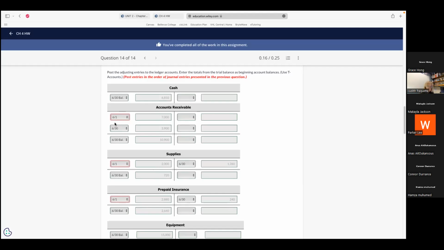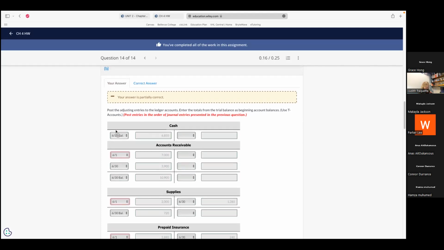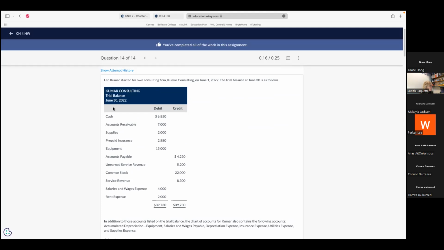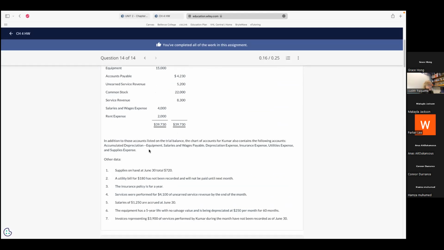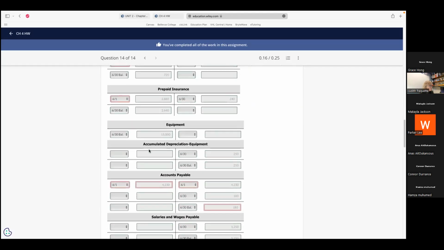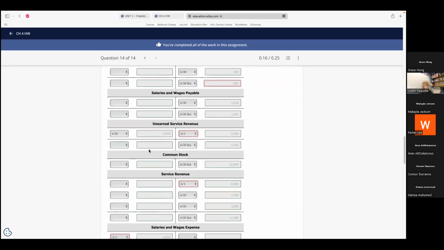Yeah, so I just got the date wrong, which I was confused because I thought that was for the beginning balance, looking back at the problem, but because it says on June 1st, but then this is the trial balance as of the 30th. So I guess none of the dates were supposed to be the 1st because I got all of those wrong.